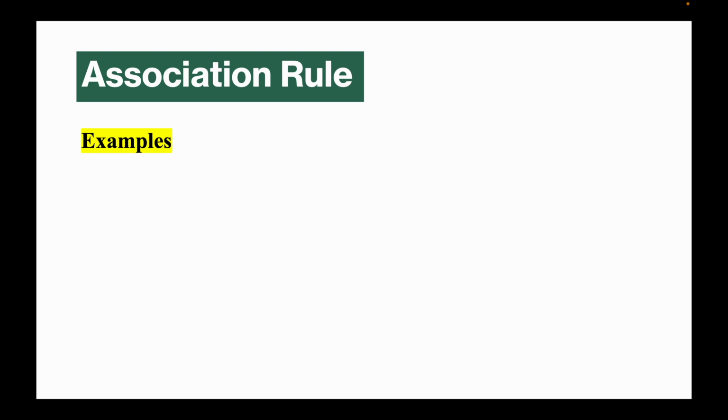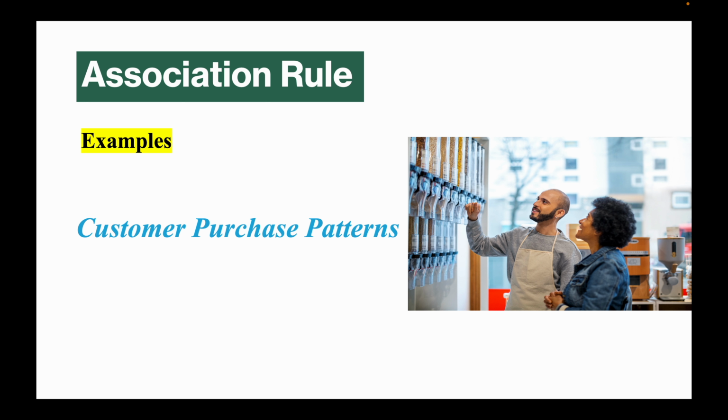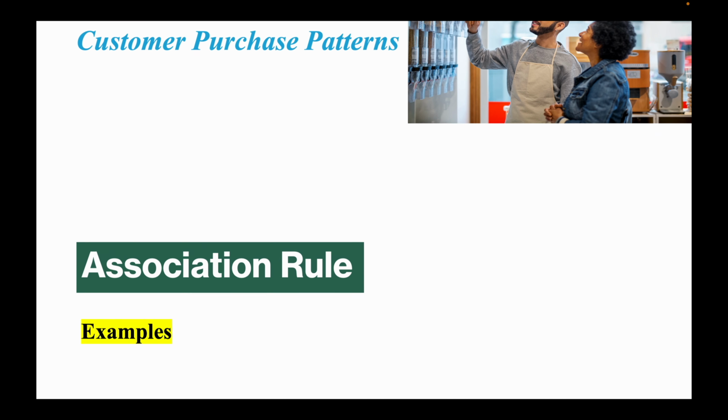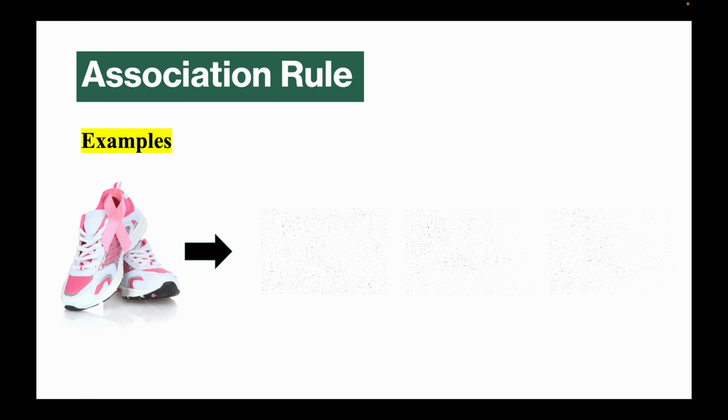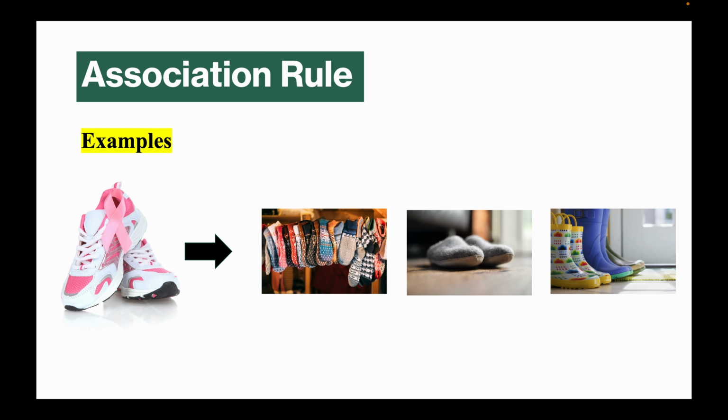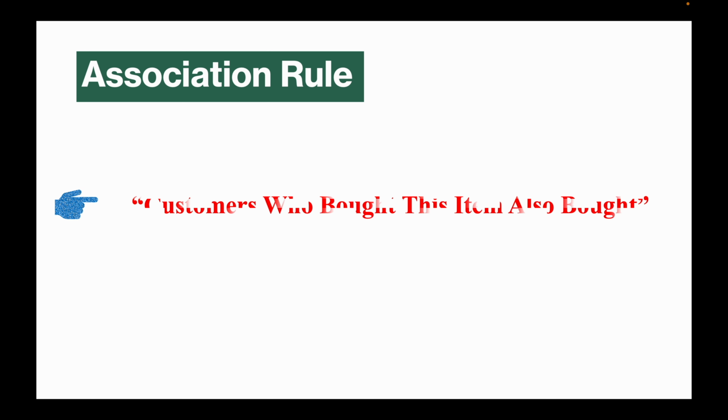Different shops use this algorithm to find the association among the sale of one product with respect to another product according to customers' behavior. For instance, if a customer buys shoes, then he or she may also buy socks or slippers or boots. It seems like in Amazon's terms, customers who bought this item also bought.